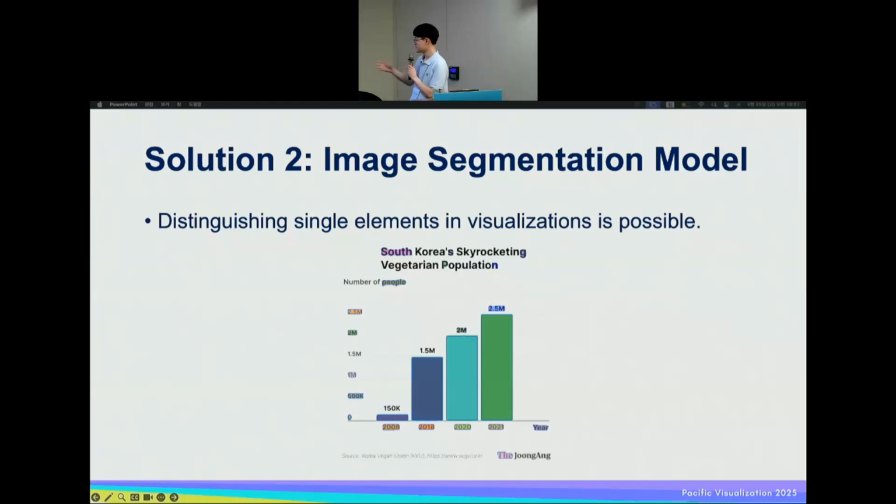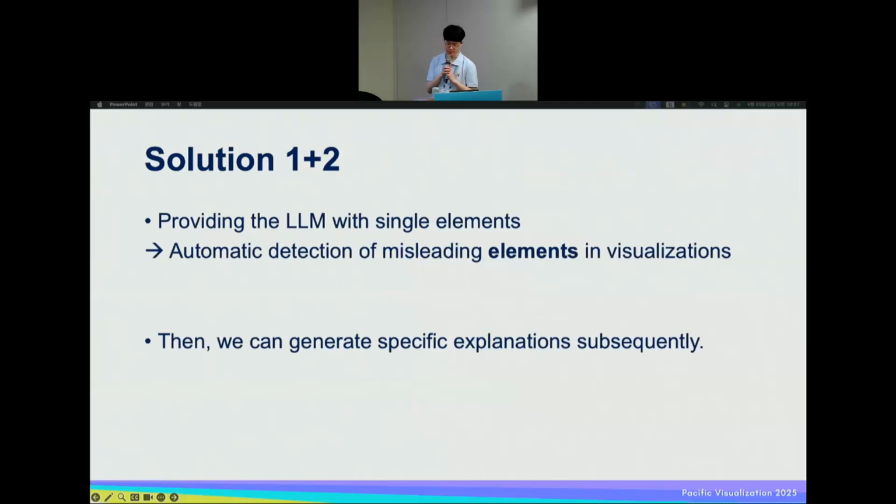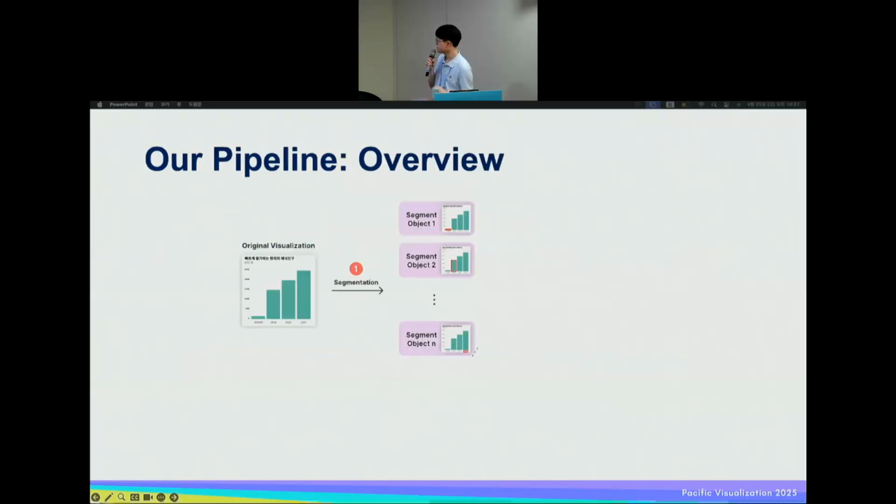And as you can see, the segmentation results can distinguish between the different bars and labels in the visualization. So, utilizing these two models, we achieve automated identification of misleading elements in visualizations, and more importantly, generate specific explanations for their misleading nature. So here is our pipeline overview.